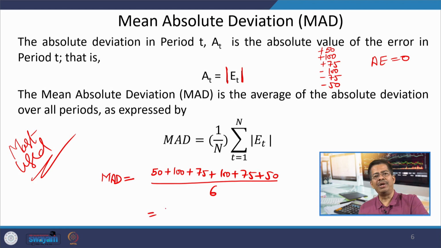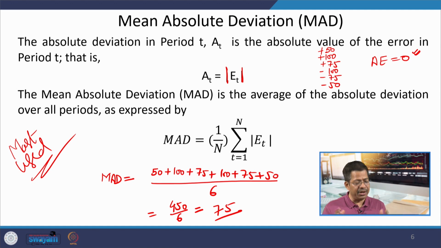So, you can calculate easily that 450 divided by 6, that is going to be the MAD. So, average error which was 0 for this data, but MAD is 75. So, you can see that actually our deviation in every period is around 75 units on an average.